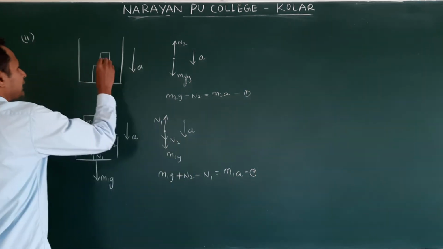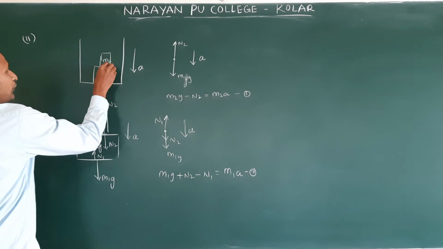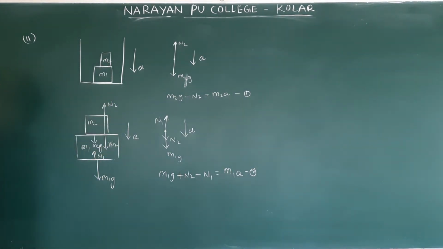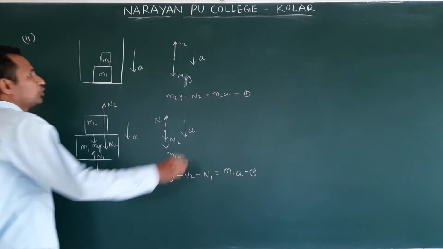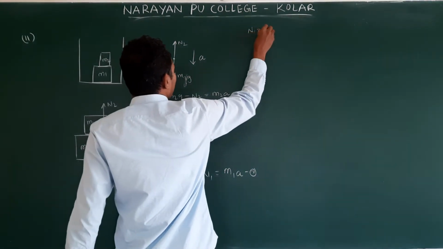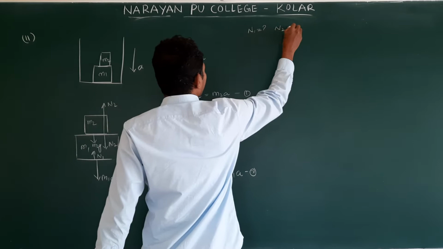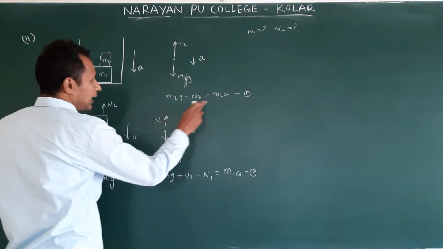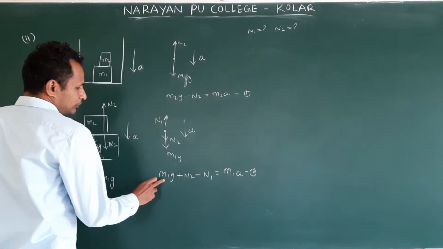But what did they ask? The contact force between objects and the contact force between block and floor. So N1 is a question mark and N2 is a question mark. Add these two. By adding what will happen?